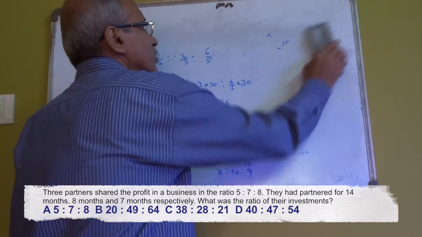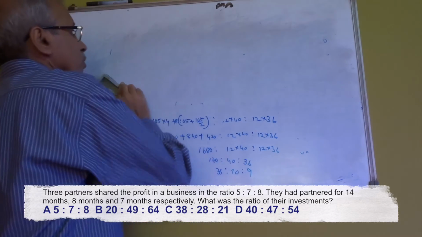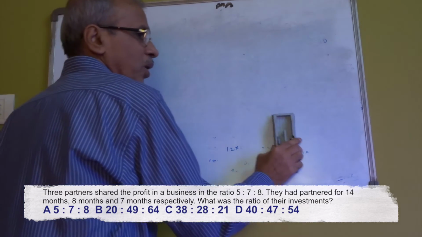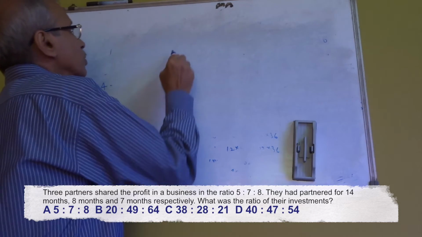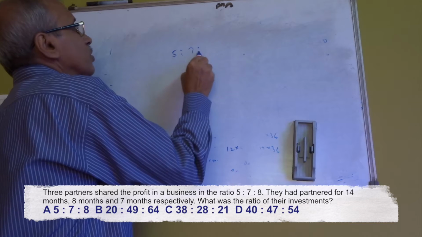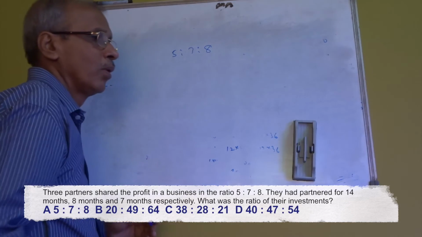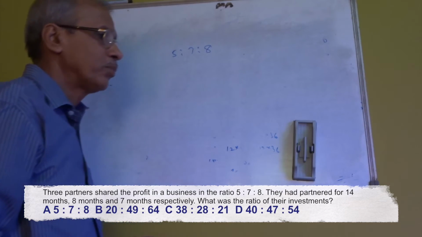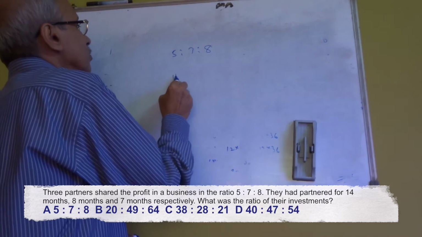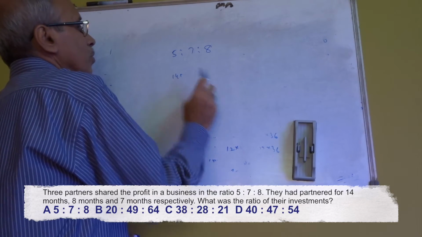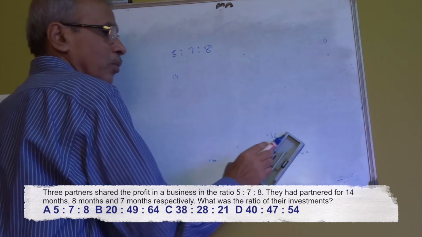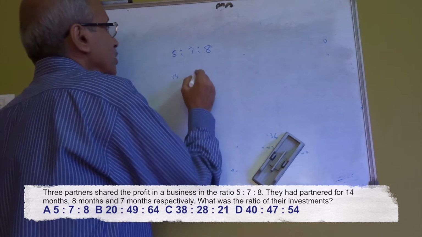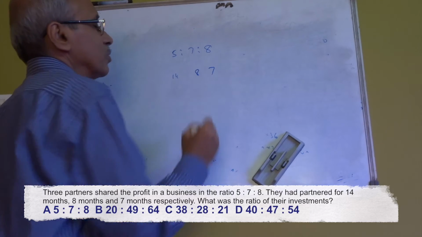Three partners share the profit in the ratio 5 is to 7 is to 8. A is partnered for 14 months, B has 8 months, C has 7 months.